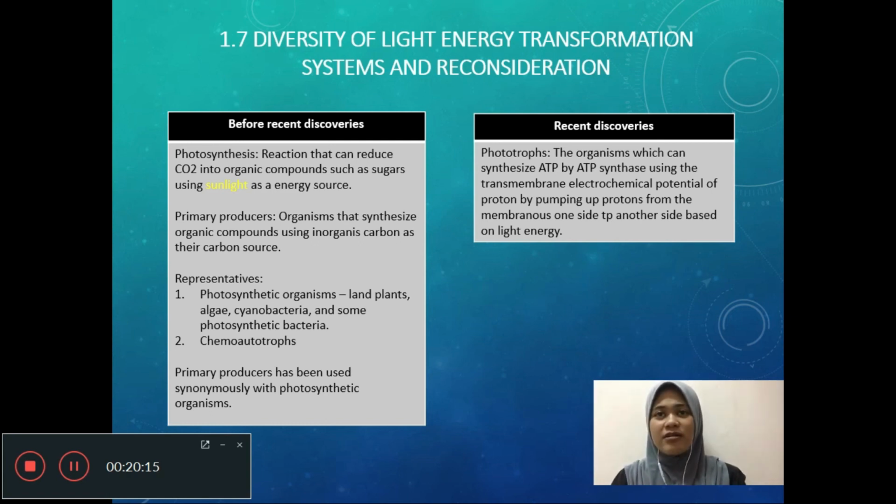However, recent discoveries of new marine microbes suggest that the terms phototroph, photosynthetic organism, and primary producer need to be changed. So, the new meaning of phototroph is an organism which can synthesize ATP using light as its energy source.